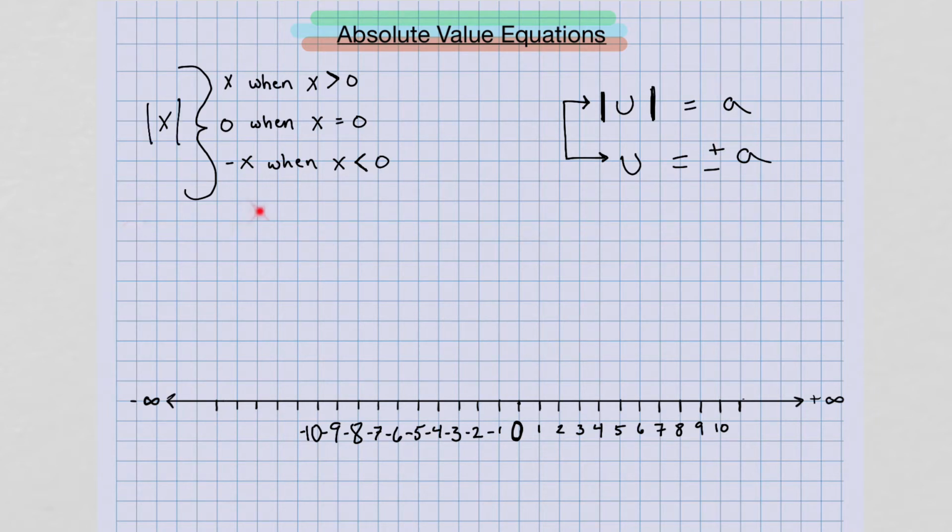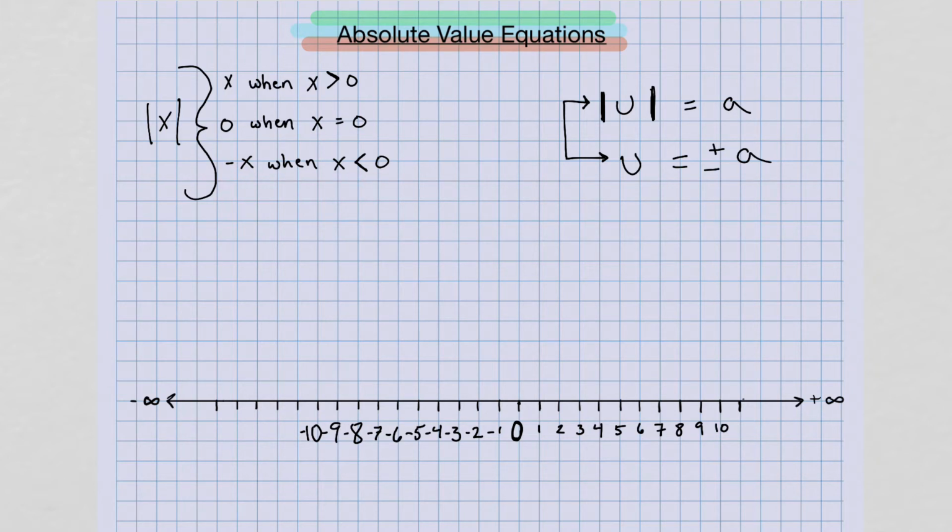The second rule is this one here. If you have the absolute value of x, the absolute value of x equals x when x is greater than 0. The absolute value of x equals 0 when x equals 0. The absolute value of x equals -x when x is less than 0.